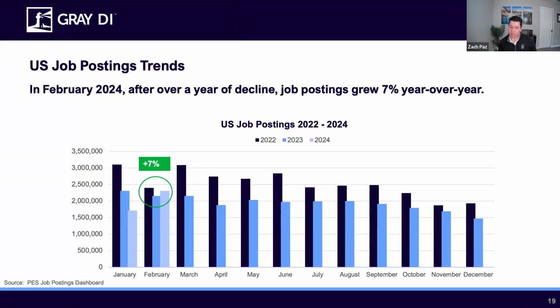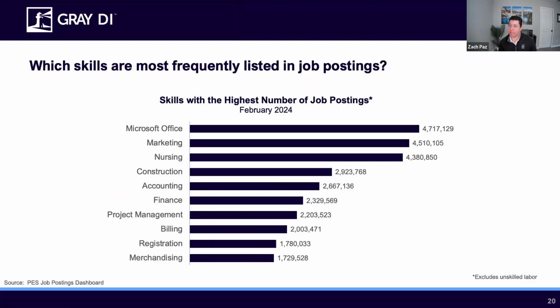Some of the most frequent listed skills in job postings related to associates and below: Microsoft Office, marketing, nursing, construction, accounting, finance, project management, billing, registration, and merchandising. Project management comes up in almost all award levels.